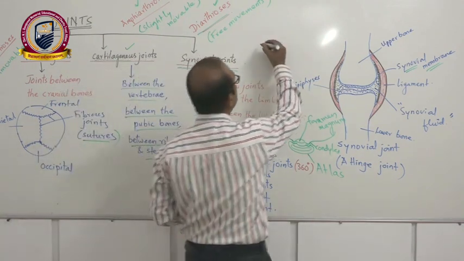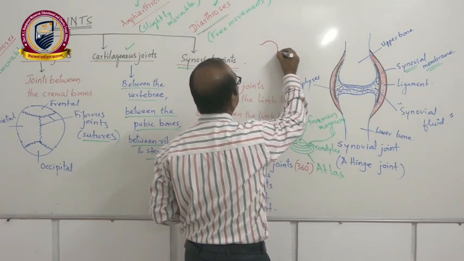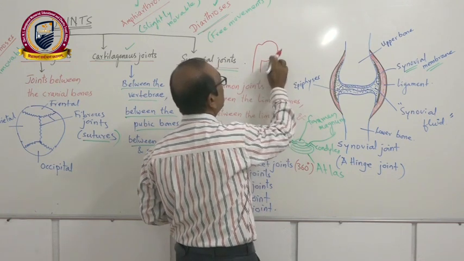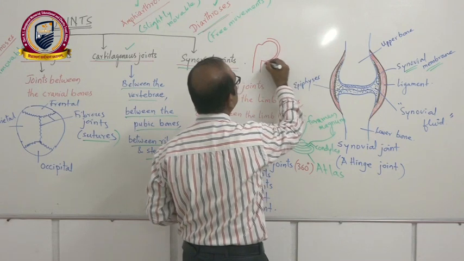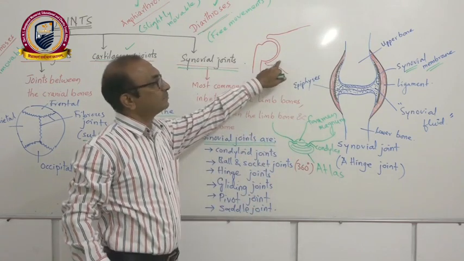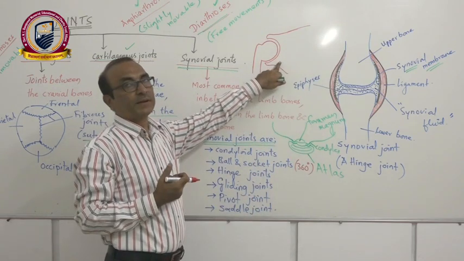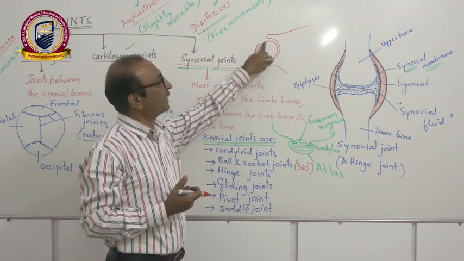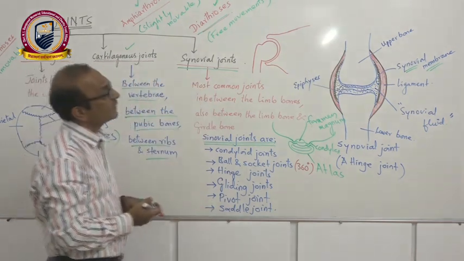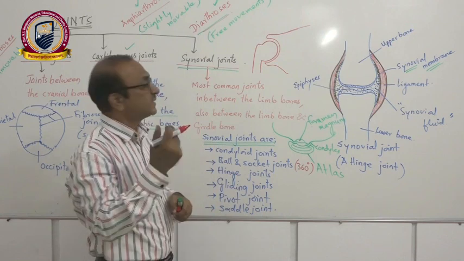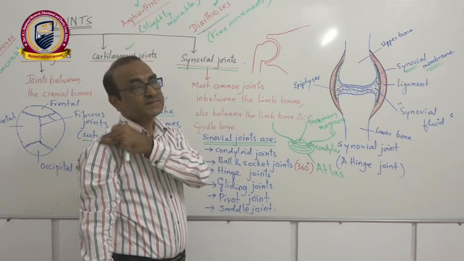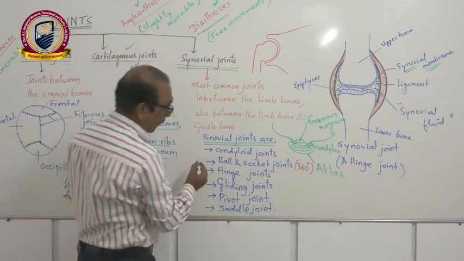It is called so because, for example, if you take the joint between the head of the humerus and the glenoid cavity in the scapula, that is the part of the pectoral girdle, this looks like a ball fitted into a cavity, a socket. So this is called a ball and socket joint, and this kind of joint allows 360-degree movement. Therefore we can very well rotate our arm, which is connected at the shoulder region. So that is the ball and socket joint.